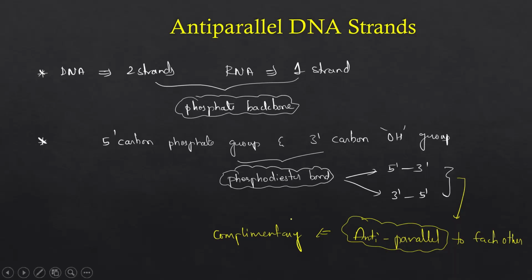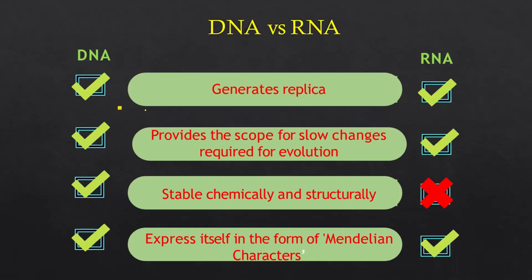Clear? So that's how DNA and RNA are. DNA both replicates and provides scope for slow changes, and DNA is very stable, but RNA is not stable. There are two reasons why RNA is not stable. One is that on the second carbon it has an OH group, which is a very, very reactive group, which makes it less stable.